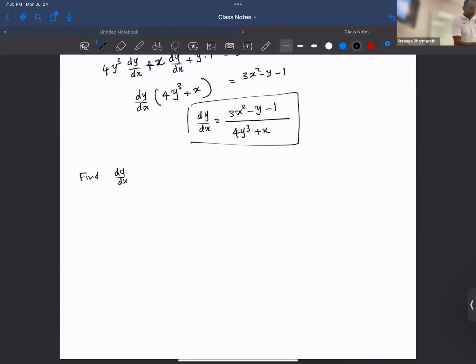Differentiate the expression with respect to x, assuming that y is implicitly a function of x. So you need to find d over dx of the square root of x plus y. This is what you need to find. You don't have to, I think, find dy over dx, but if you are asked to find that, what would you do?